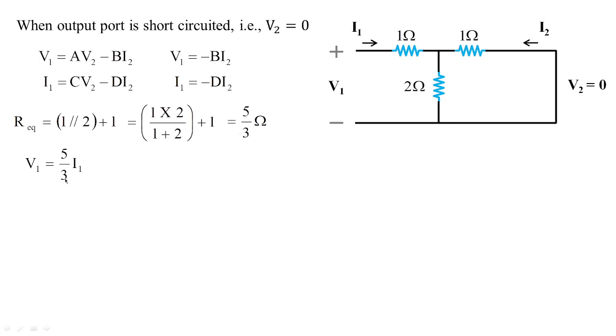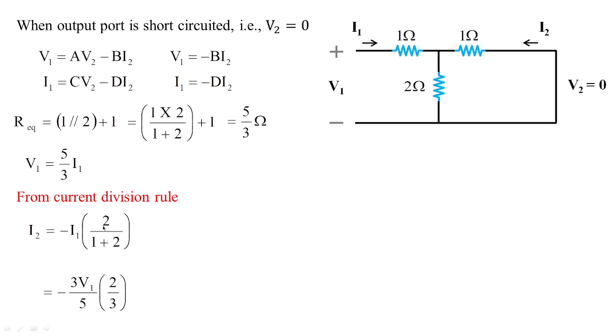So V1 is equal to 5 by 3 I1, and from the current division rule I get I2 in terms of I1 as I2 is equal to minus I1. Why minus? Because of the opposite side, we need to find the current in the 1 ohm, opposite is 2, so 2 divided by the sum of these parallel resistors, 1 plus 2, which gives 2 I1 by 3. So 2 by 3 I1.